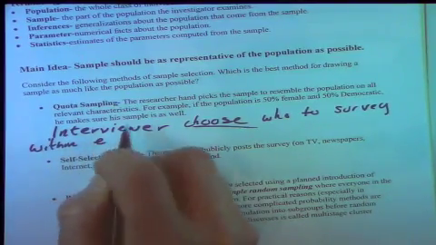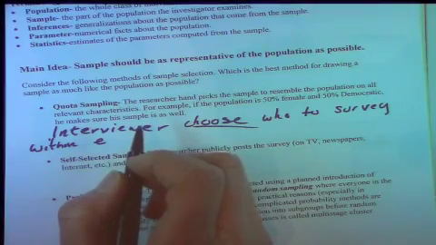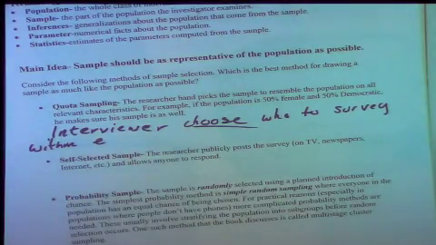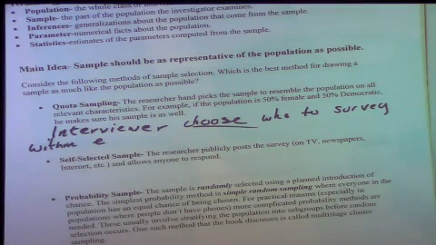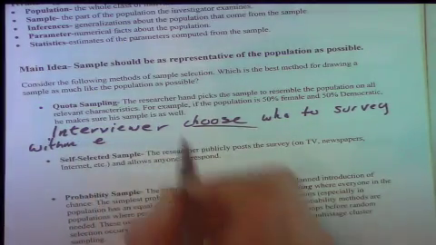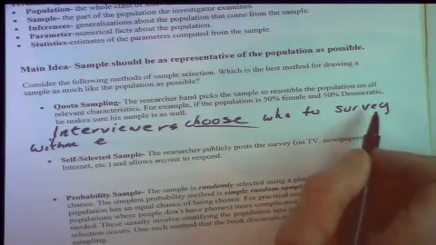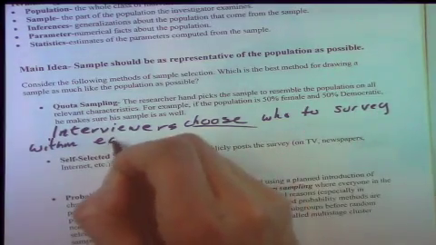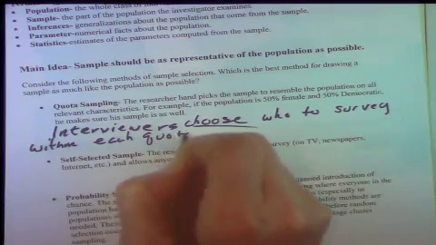It's not bad to have quotas, as long as within each quota you randomly select somebody, and maybe even the districts themselves are randomly chosen. But this is a terrible way to do it. Interviewers choose who to survey within each quota category.